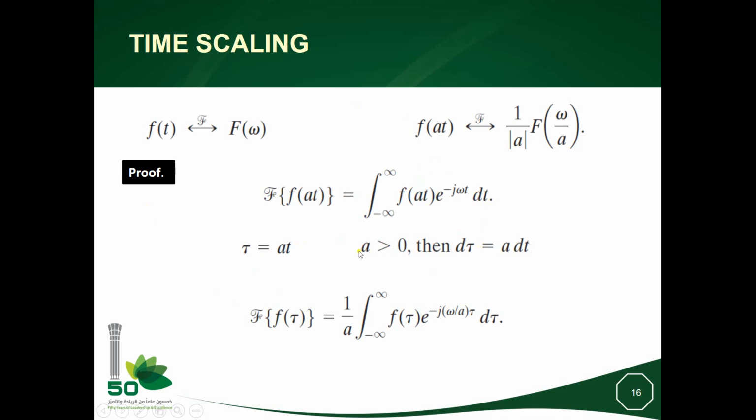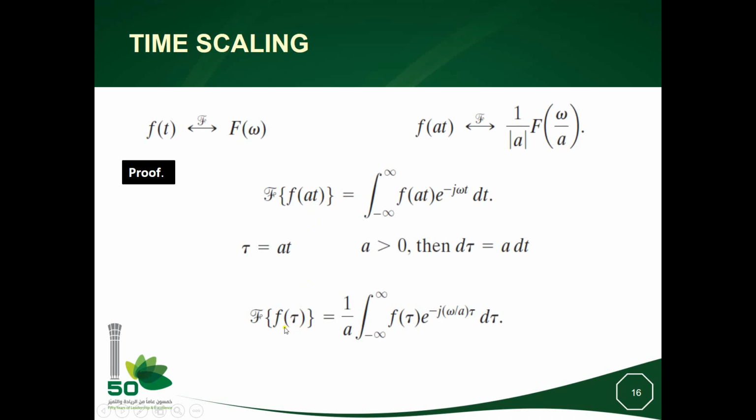Now we are considering the case where a is positive. So after changing the limits, we have dt equal to 1 over a d tau. This is why we see a factor of 1 over a appearing in the Fourier transform of f(at).